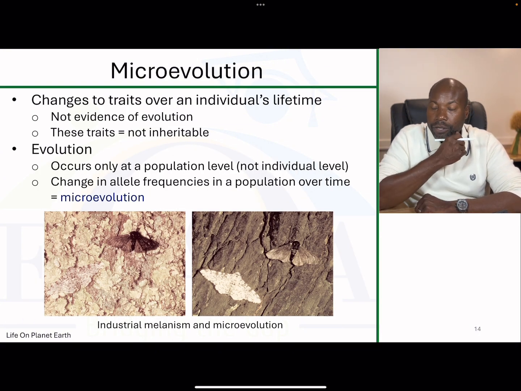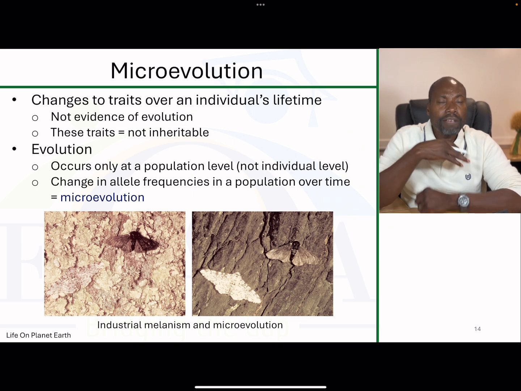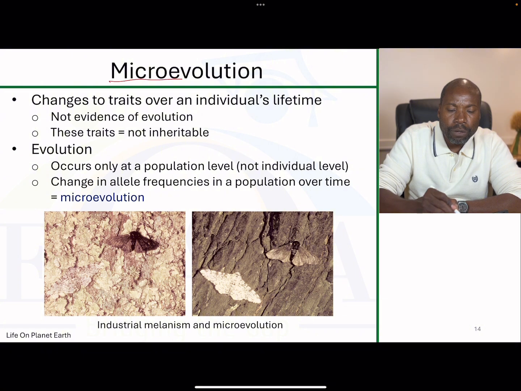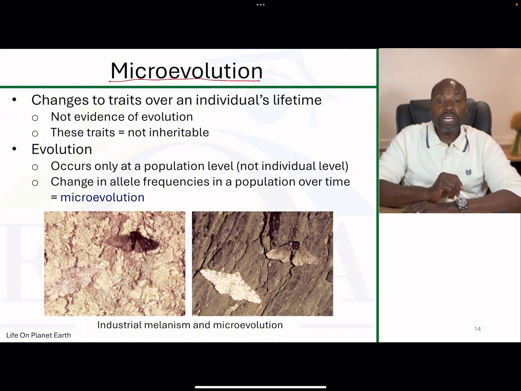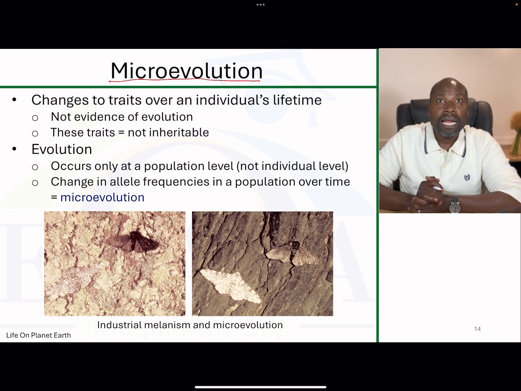All right, another example of evolution at a very small scale, what we call microevolution, was observed in the case that we call industrial melanism.